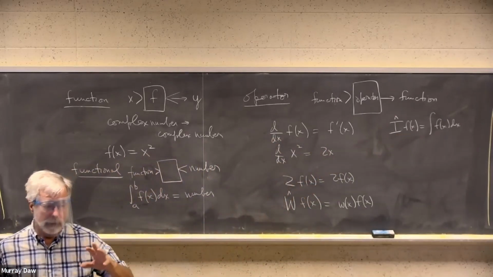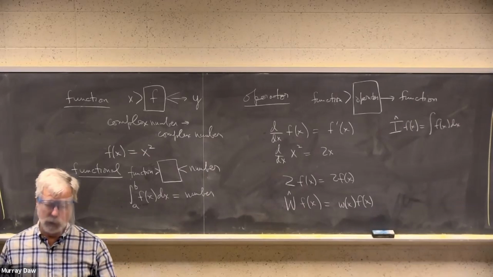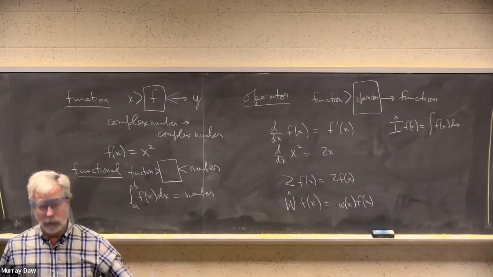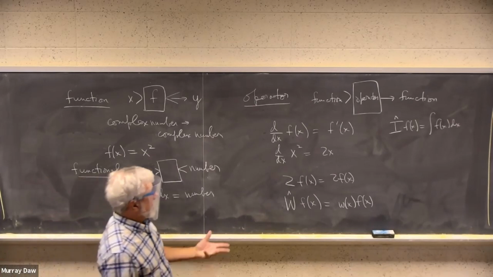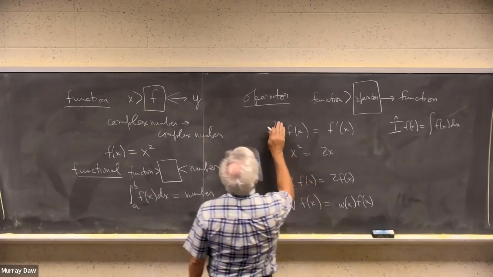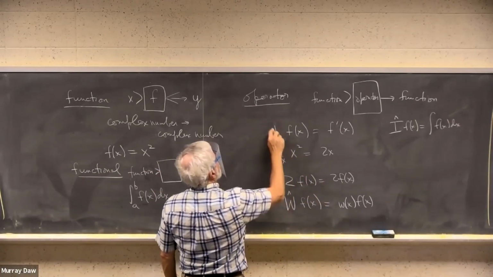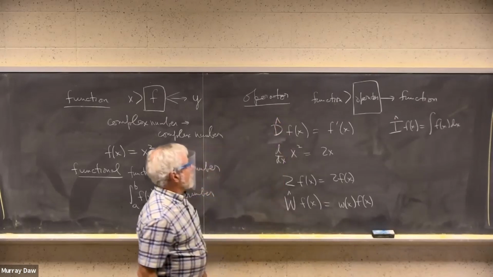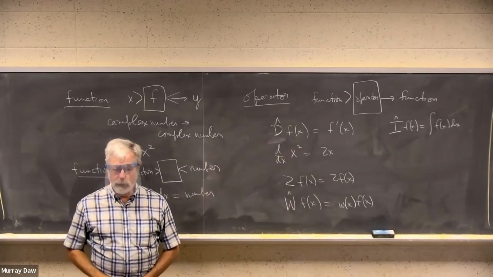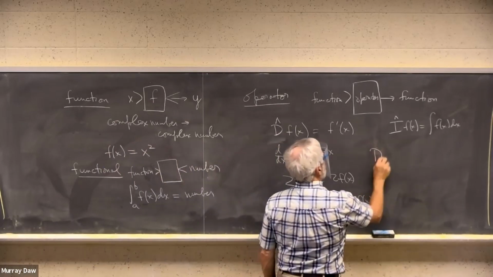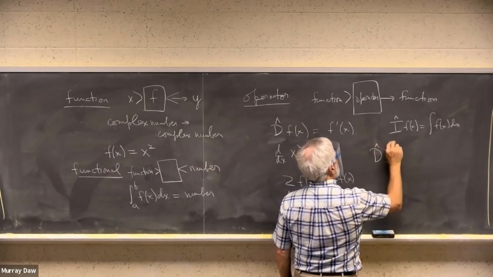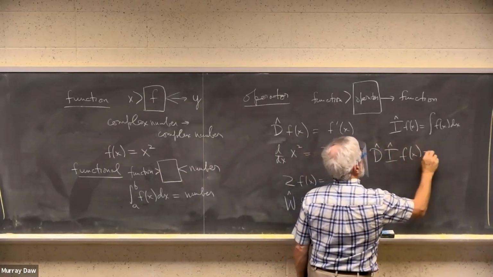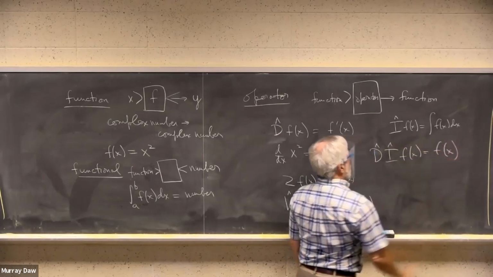So I could have an operator equation, right? First differentiate, then I integrate. Right, and so let's call D, with the hat over it, the derivative operator. I could have something like this.